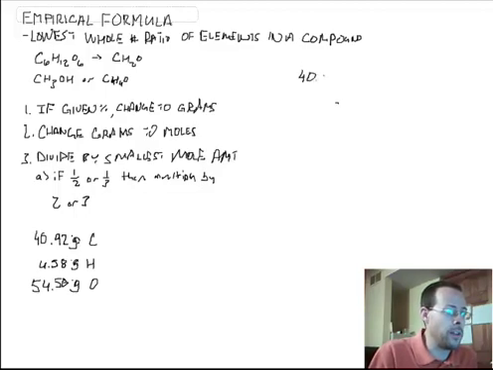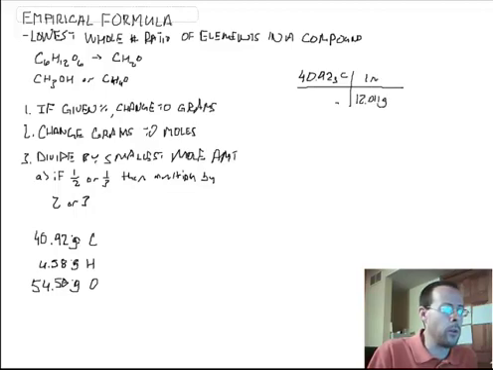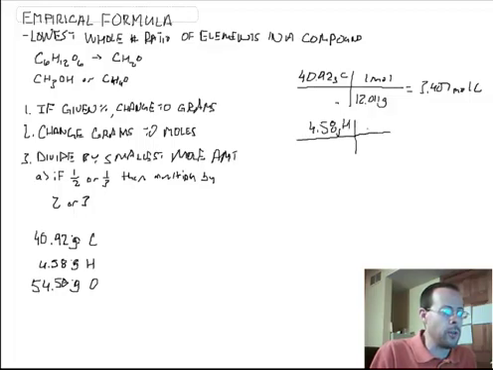So we have 40.92 grams of carbon, and we want to change grams into moles. So we're going to have 12.011 grams to 1 mole. And when we do that math, we're going to come up with something like 3.407 moles of carbon. Likewise, we have 4.58 grams of hydrogen. We're going to change grams to moles, so 1 mole of hydrogen weighs 1.0079 grams.